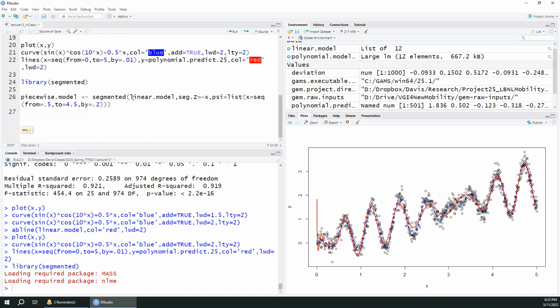So we put in our linear model, and then the variable that we are segmenting is X. We are going to run multiple regressions at different intervals of X. The breakpoints are provided by this term psi, and we're just going to run a breakpoint every 0.2. So every unit of 1 is going to have 5 breakpoints. And we will use this to predict an outcome across our data.